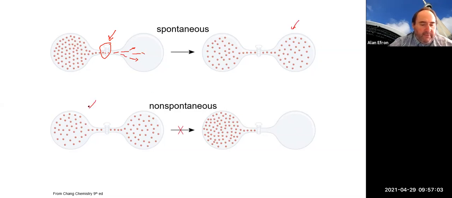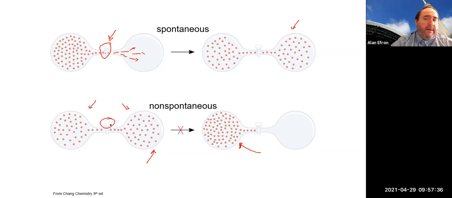If we started with gas on both sides and opened the valve, it's probably not all going to decide to go over to one side. It's probably not going to happen. You would have to do something to force everything over to the left-hand side, and that is not a spontaneous process. You're doing some type of external work, and it would be considered a non-spontaneous process.